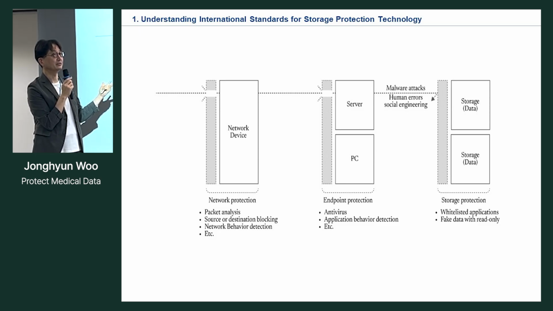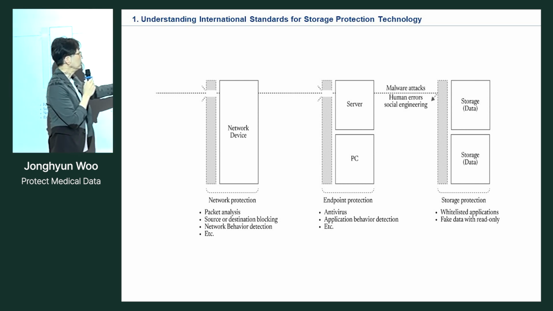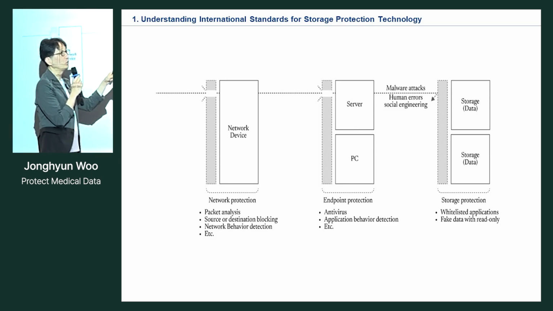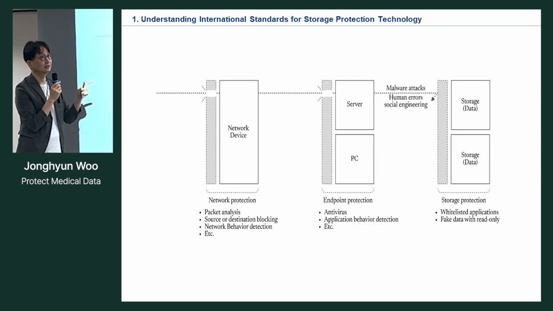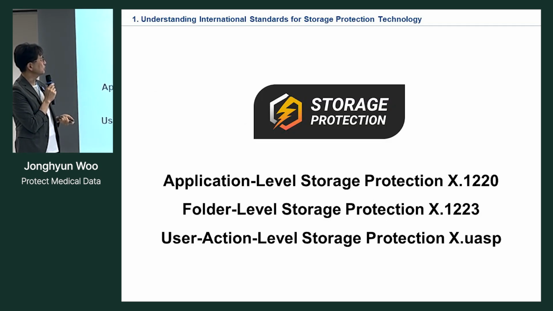But as I said earlier, if they change their shape, they can easily override it. The storage protection, at the end, accepts when it knows who the right guys are, because it works as a whitelist.